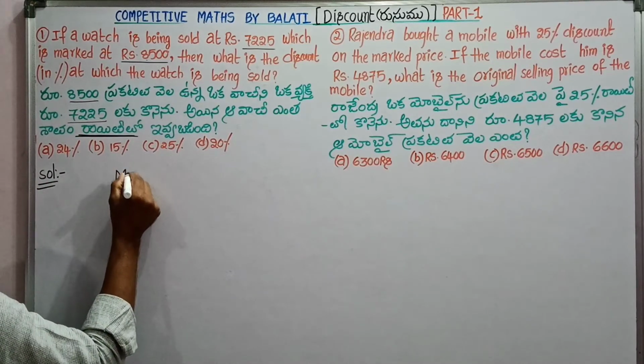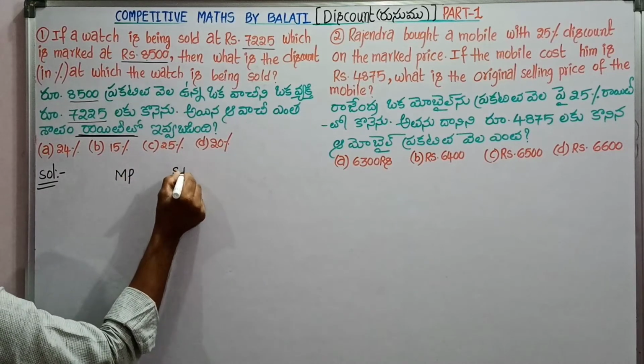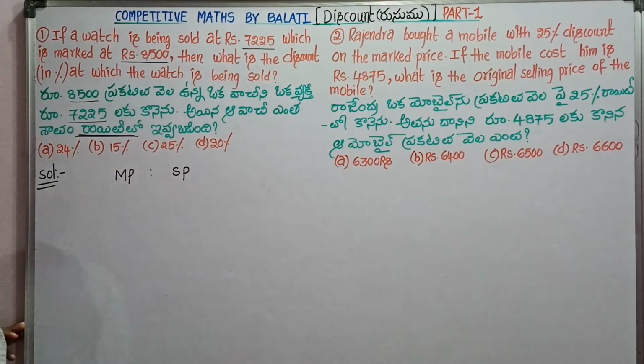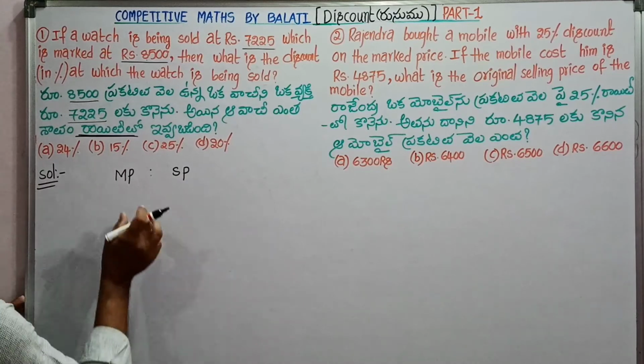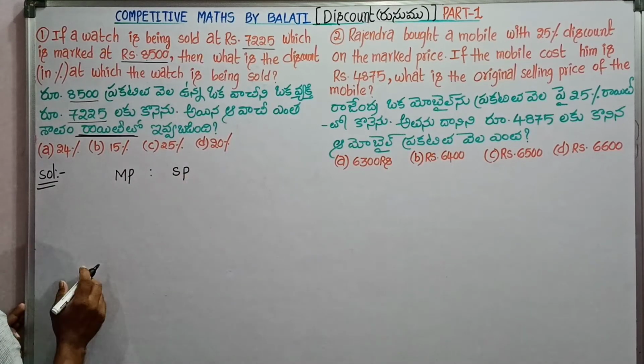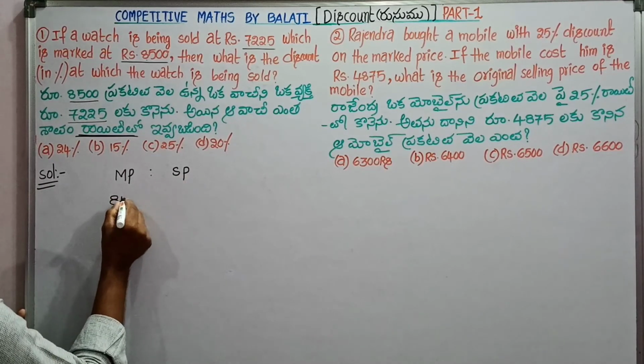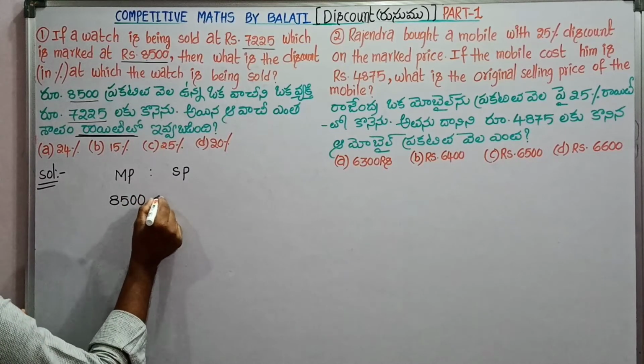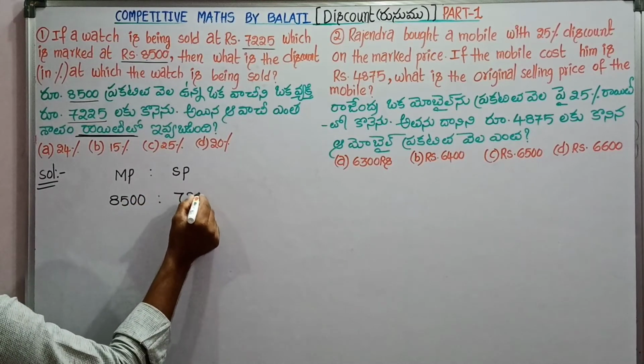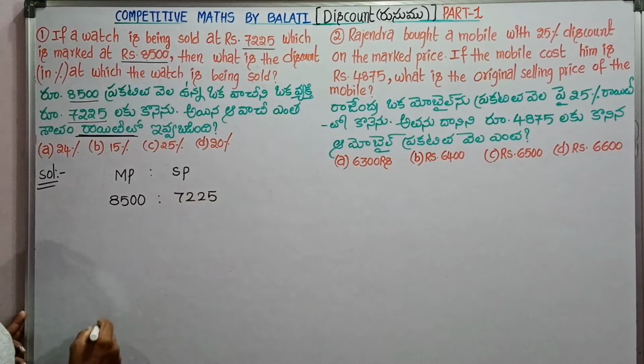Discount is the difference of market price to selling price. So, to find discount percentage, consider the ratio of market price to selling price. Yes, market price is 8,500, selling price is 7,225.